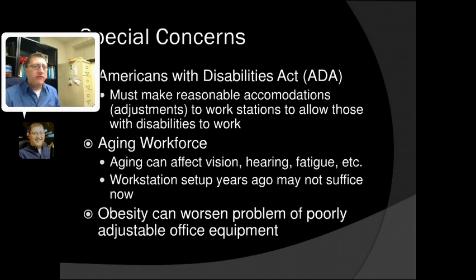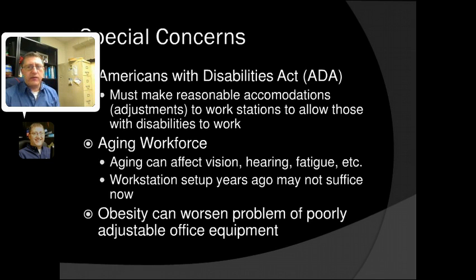For ADA, if you're not familiar with the Americans with Disabilities Act, it's something you're going to have to deal with as an engineer designing work for people, because that act requires employers to make what we call reasonable accommodations. What's reasonable is perhaps in the eye of the beholder, but essentially you have to go fairly far out of your way to allow those with any disability to be able to function the same as those without the disability to do the same work.